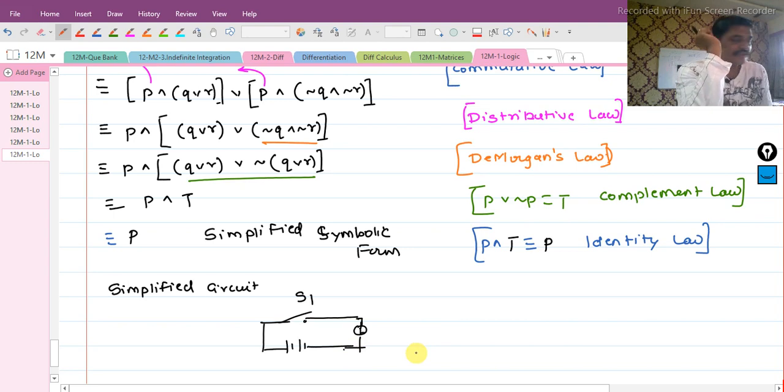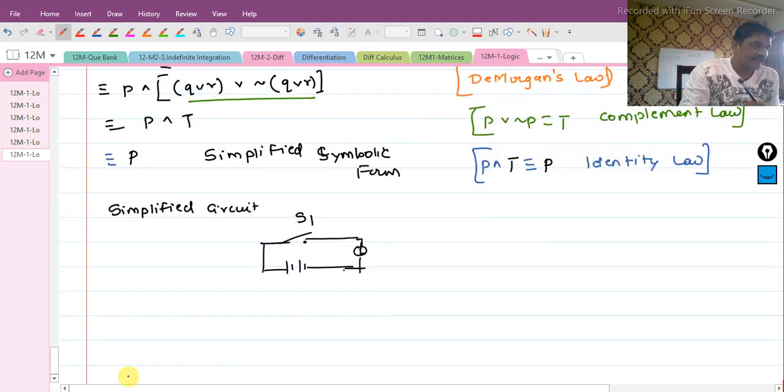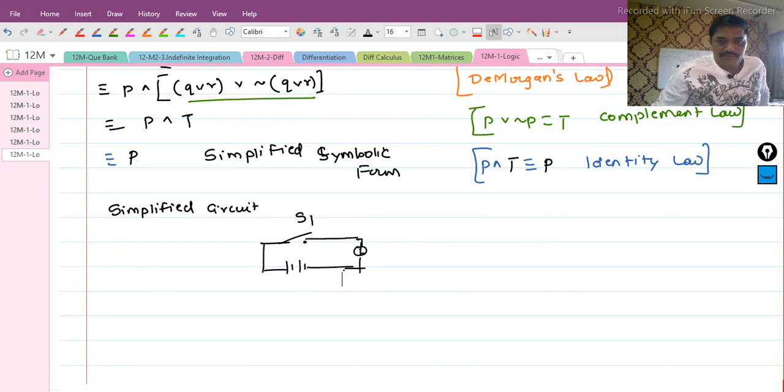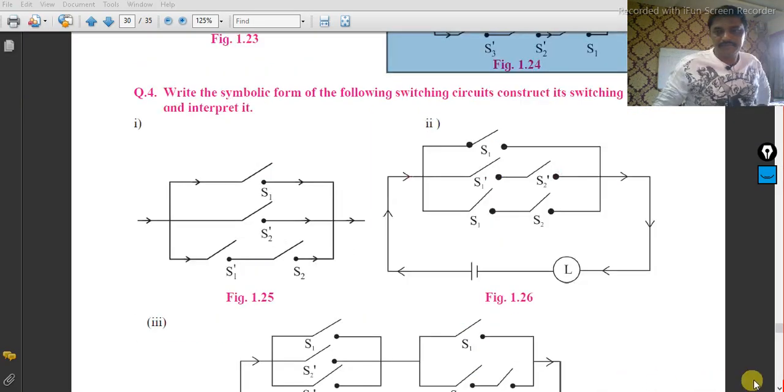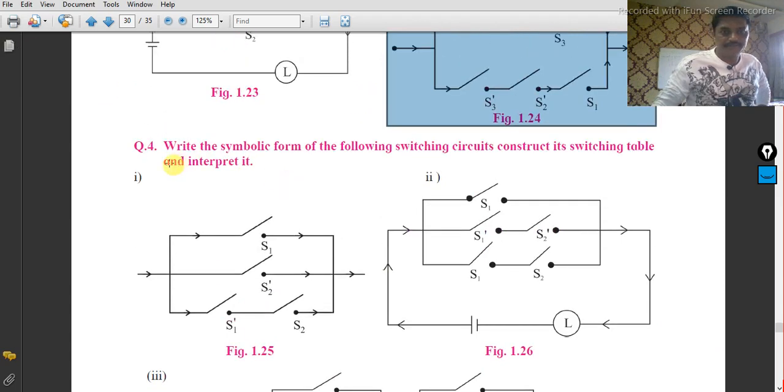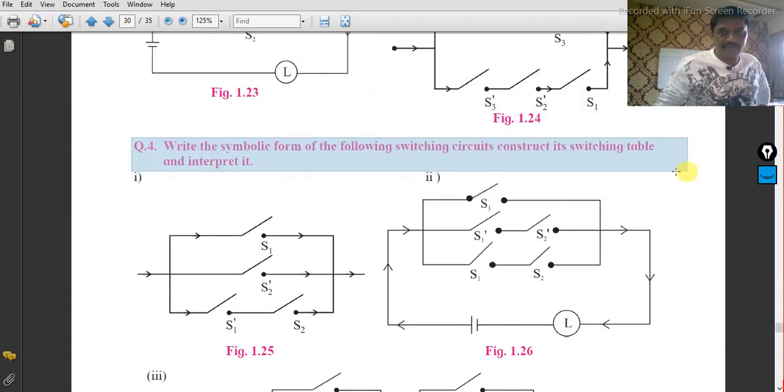अगर आपको चाहिए तो आप इसका इनपुट आउटपुट टेबल भी देख सकते हैं. यू विल गेट द सेम थिंग. वही आएगा. चलिए आगे बढ़ते हैं. क्वेश्चन नंबर 4. आर यू ऑल अंडरस्टैंडिंग दैट? लेट्स प्रोसीड नाउ. क्वेश्चन नंबर 4 क्या दिया है यहाँ पे?